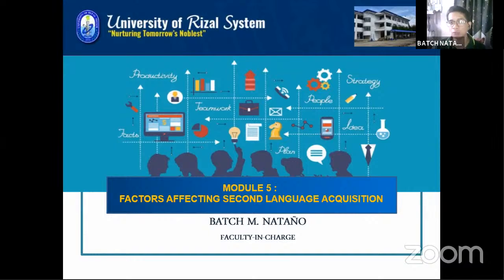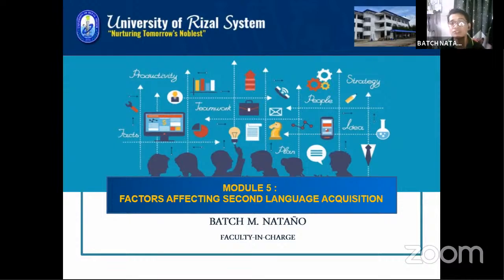With those things that we mentioned from those theoretical perspectives, I have already indicated some of those factors that would affect one's language acquisition. For this module, we'll be consolidating all of those, and then relating some of those factors to those theories that we mentioned.